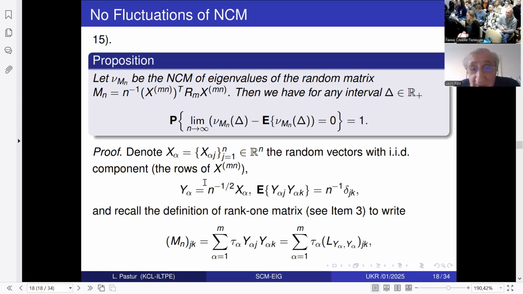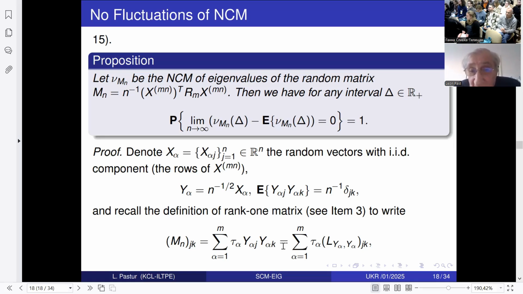Well, and if we introduce these vectors, then you can write it in the matrix form: the entry is a sum over alpha. It is just a matrix product, interpreted in that way, times 2y's.